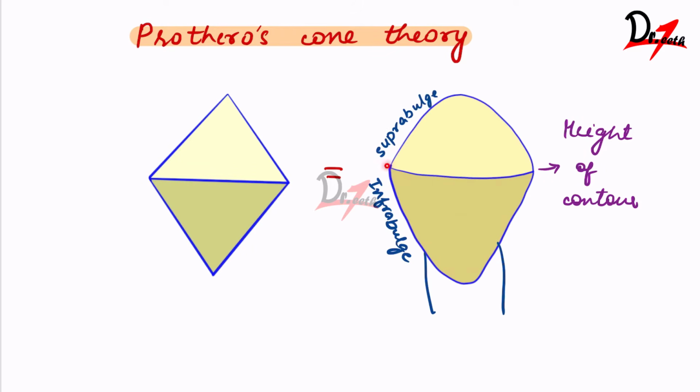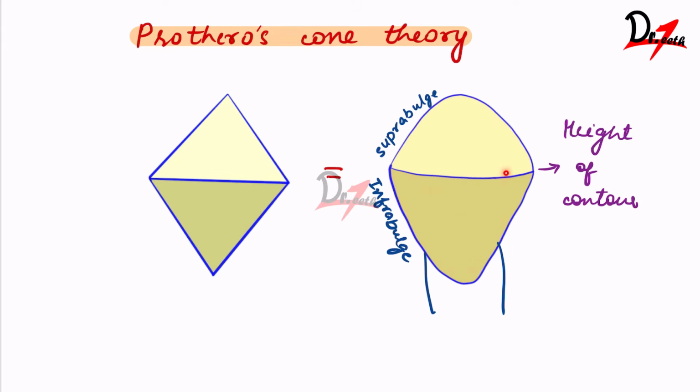So this is the height of the contour of the tooth, meaning here you will have the greatest dimension of our tooth. It will be very bulky here. The portion above it is the suprabulge, and the portion below the height of contour is known as the infrabulge. Here you can see this cone is the suprabulge and this cone represents the infrabulge.